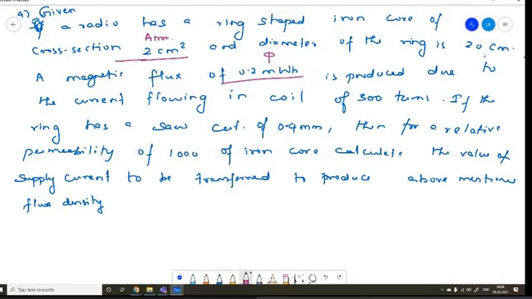This diameter can be used to find the length of the ring, including the air gap. The relative permeability of the iron core is also given. So we have to find the supply current I.